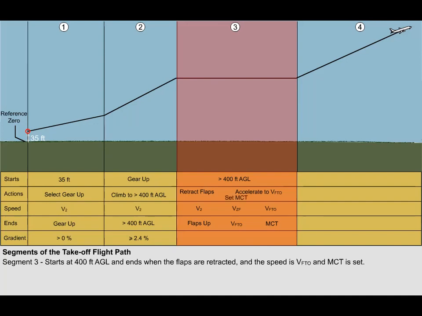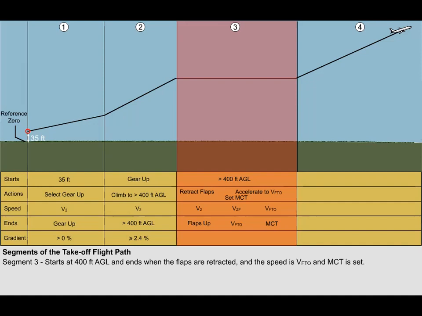Once this has happened, thrust can be reduced from maximum takeoff thrust, TOGA, to maximum continuous thrust, MCT. In fact, maximum takeoff thrust is limited to only 10 minutes. Therefore, acceleration and flap retraction must be complete by then.